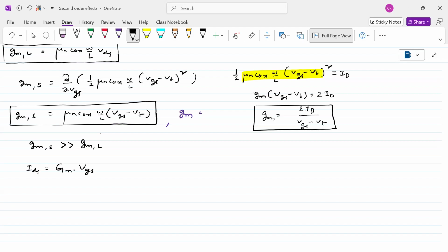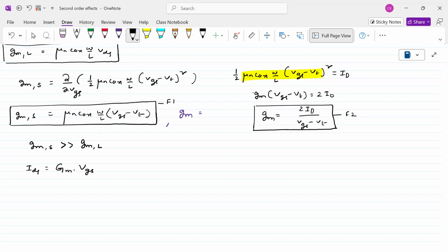This is called form number 1, F1, and this is called form 2. The third form is also there. It's also very simple. We can substitute VGS minus VT somewhere.